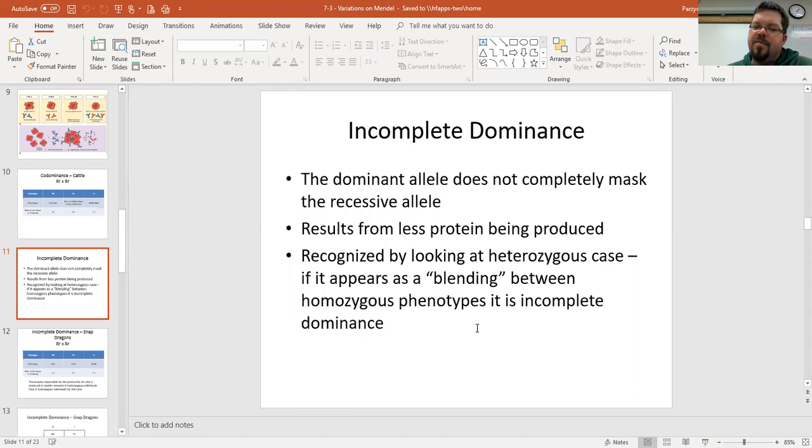So it's not producing one or the other, and it's not producing both, as in codominance. It's producing proteins, say pigments, in the example we'll talk about in a second, at a lesser rate, causing an intermediate or blend to appear.